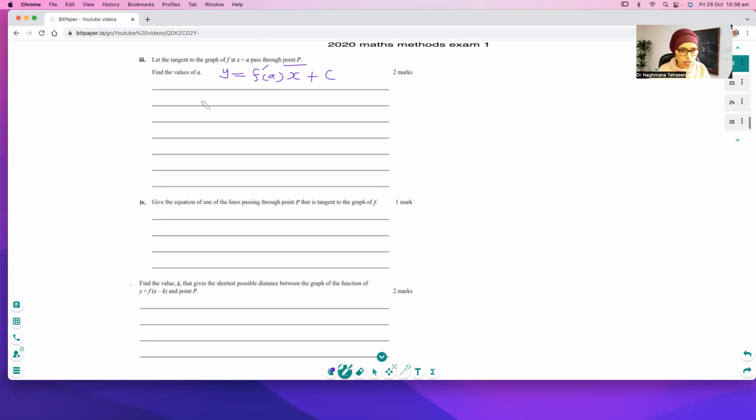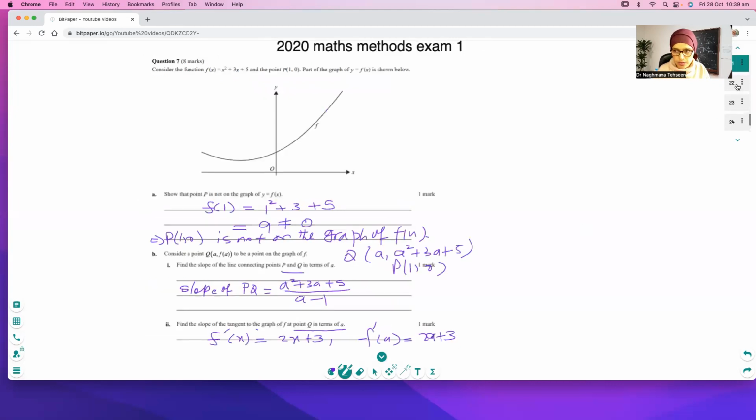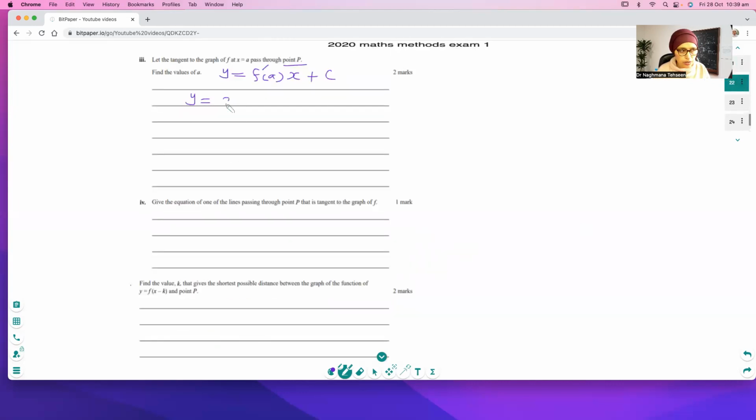So we know f dash of a, we just got it on the previous page, 2a plus 3. So that means this is (2a plus 3) times x plus c. So that is the tangent which passes through the point at x equal to a.